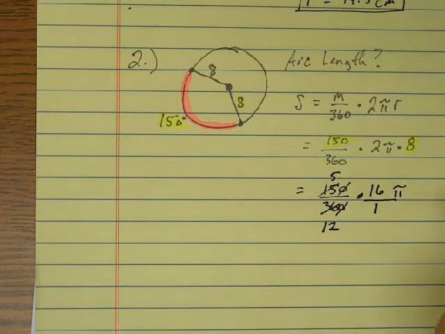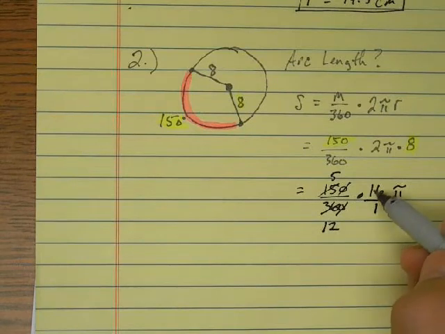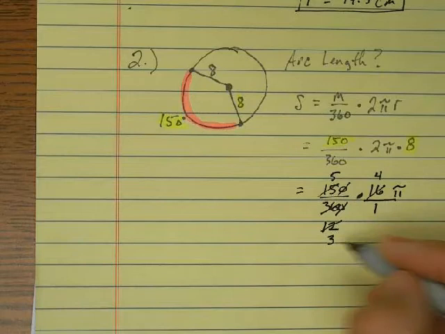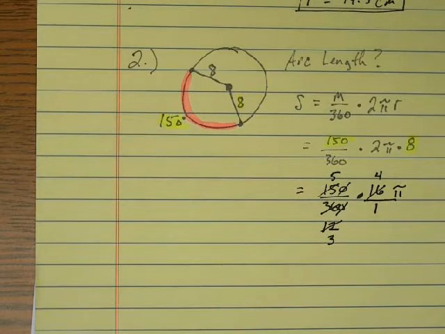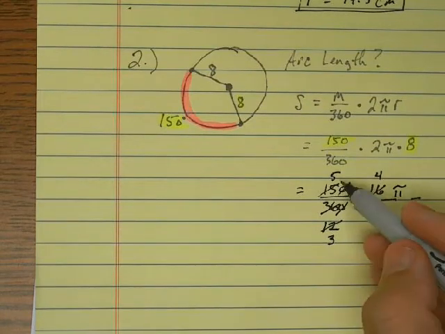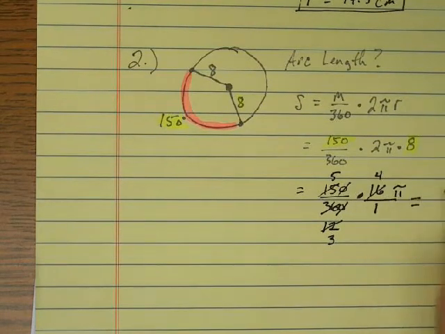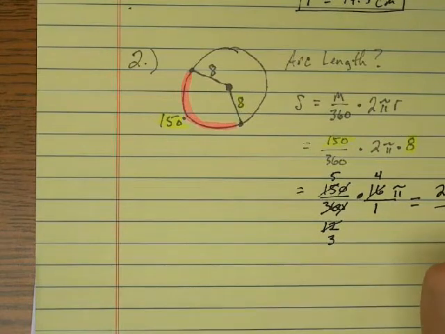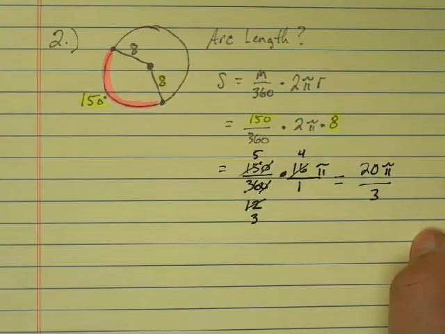They're not equal to each other. We don't cross multiply. And so we just reduce. The 16 and 12 are both divisible by 4. 16 divided by 4 is 4. And 12 divided by 4 is 3. Got it? Now I'm going to multiply straight across. 5 times 4 times pi is 20 pi. 3 times 1 is 3.